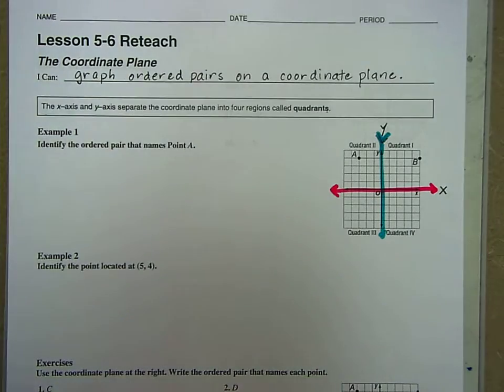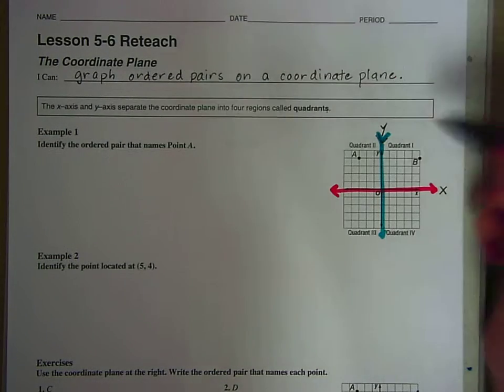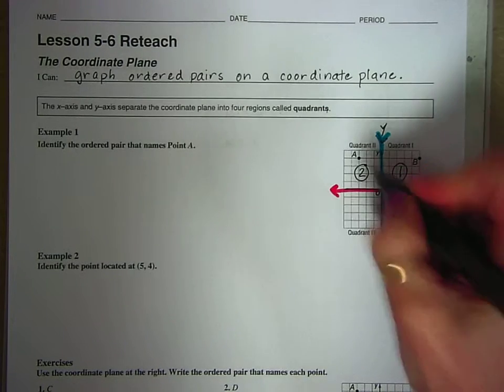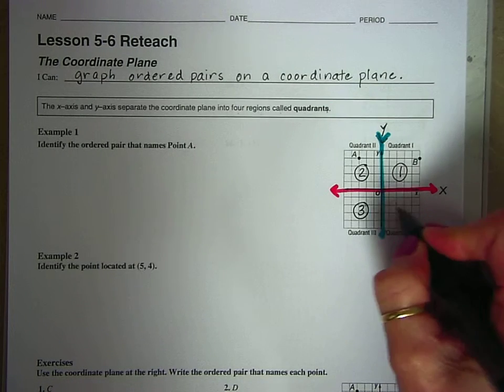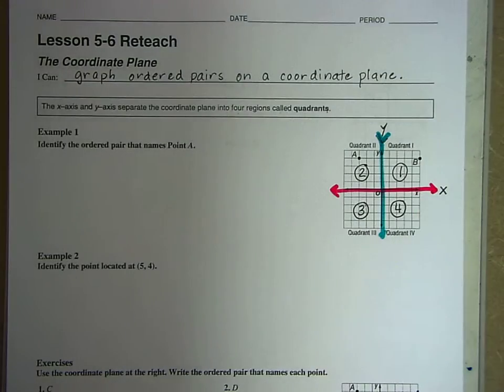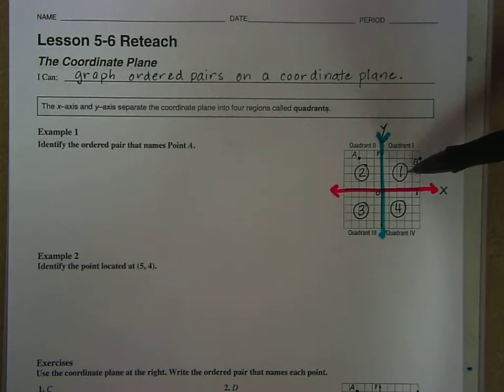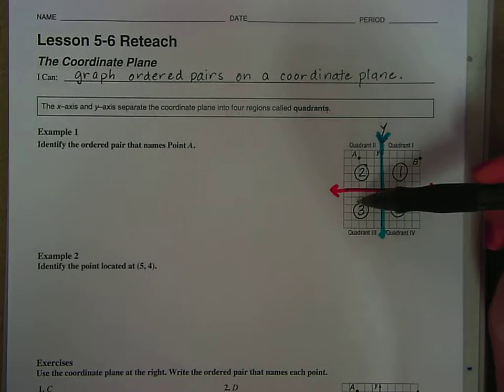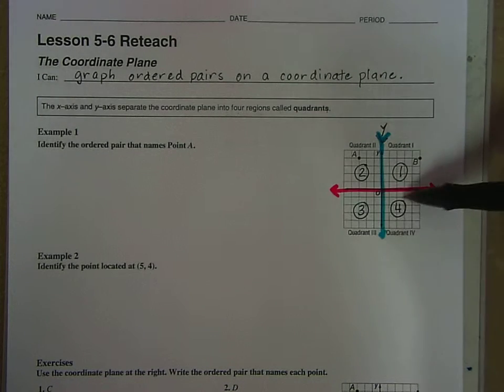All right, now that separates it into 1, 2, 3, 4 quadrants. So in other words, this is quadrant 1, this section right here. This is quadrant 2, this is quadrant 3, and this is quadrant 4.